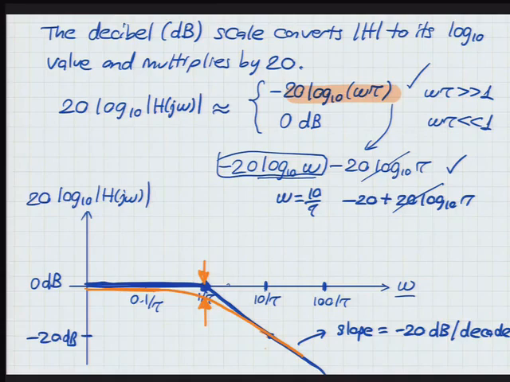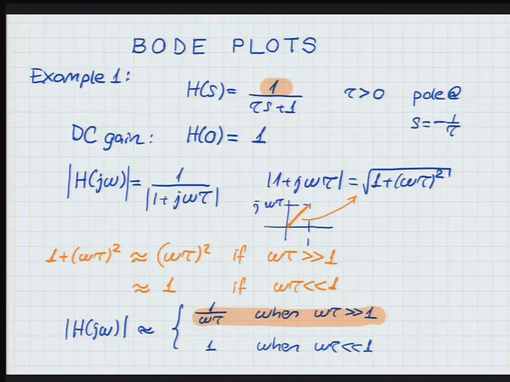We know the value of our approximation when omega is 1 over tau. It is 0 dB. What is the actual frequency response when omega is 1 over tau? Let's go back. If omega is 1 over tau, then this is equal to 1. And what is the magnitude of this then? 1 over square root of 2.